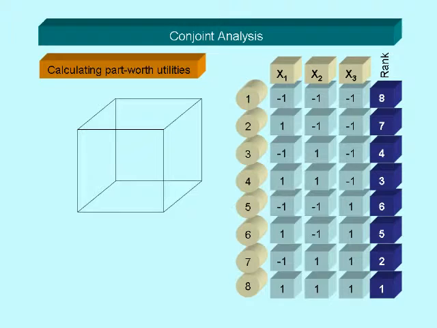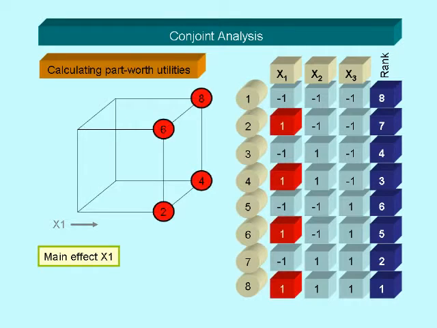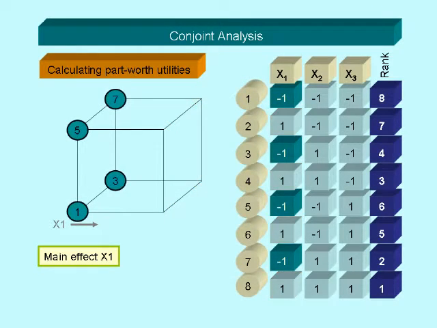To find the main effect for attribute 1, color, we take the average ranking for all model combinations with x1 equals +1, that means red color, and subtract the average ranking for all combinations with x1 equals -1, that means green color.